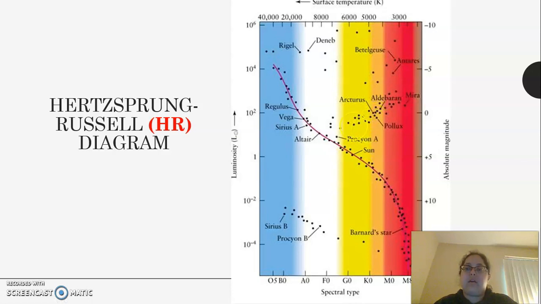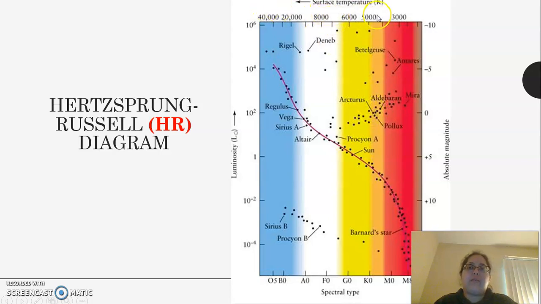If you look at the absolute magnitude, that tells you the magnitude of where it is. The luminosity is how bright it is, so the higher up you go, the brighter it is. Since it's kind of in the middle, but brighter than our sun, which is at 1 right here, it's brighter than our sun.